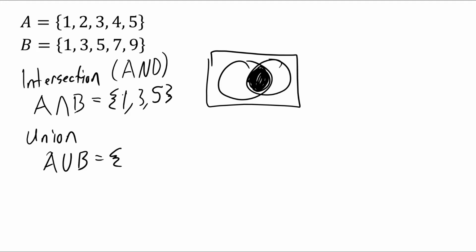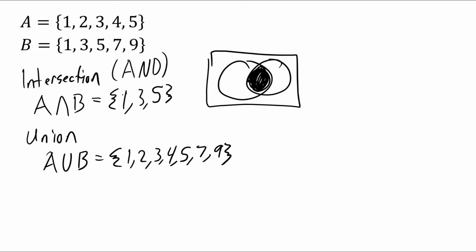So 1, 2, 3, 4, 5 from set A, 1, 3, 5, 7, 9 from set B. We just don't want to write anything twice. So let's write set A, 1, 2, 3, 4, 5. Then we'll write all of set B, but skip the things we've already listed. We've already listed 1, 3, and 5, so now we just need to list 7 and 9. And that is the union of A and B.